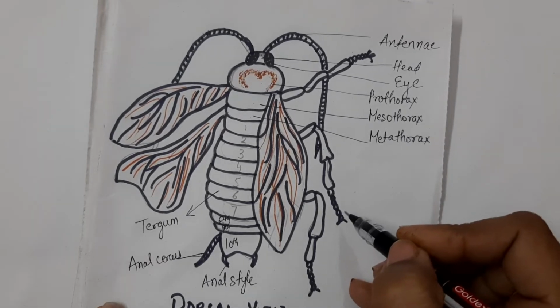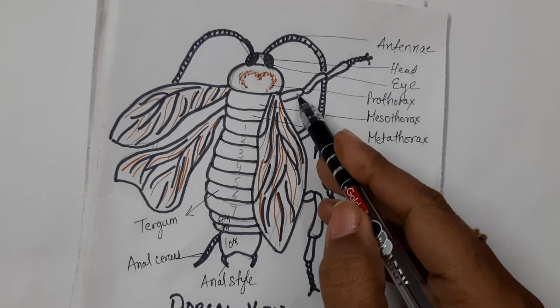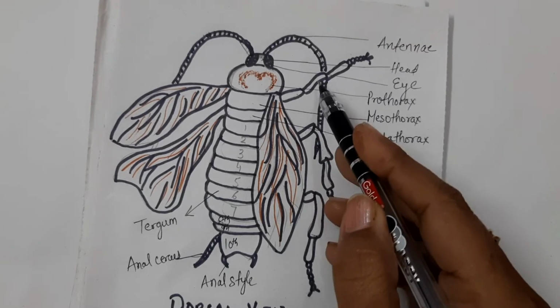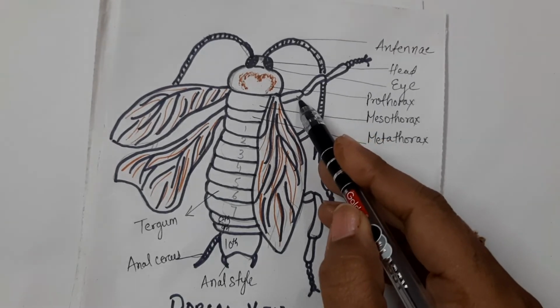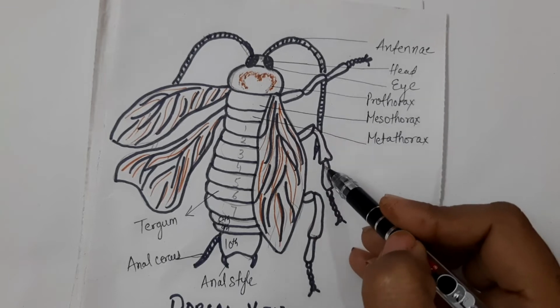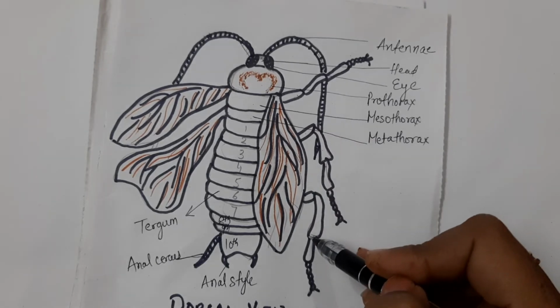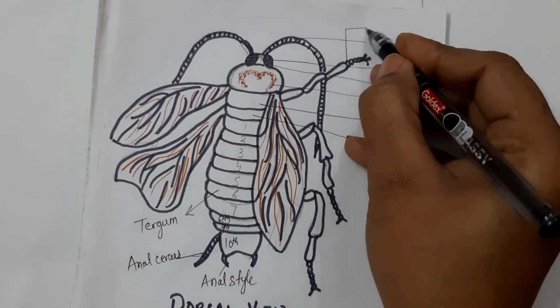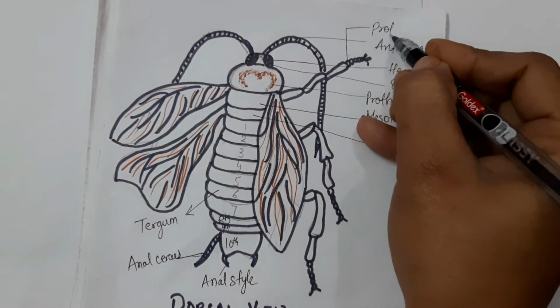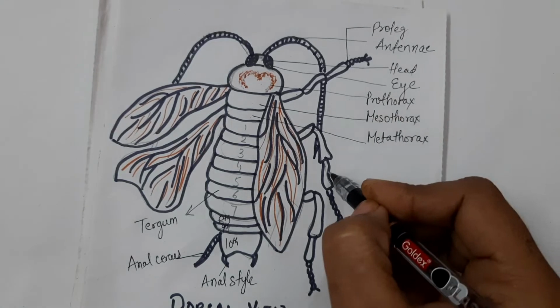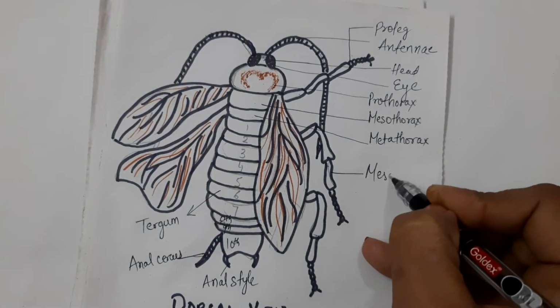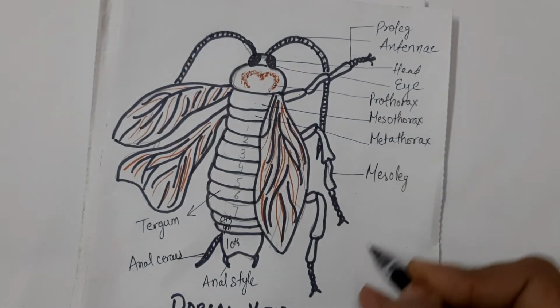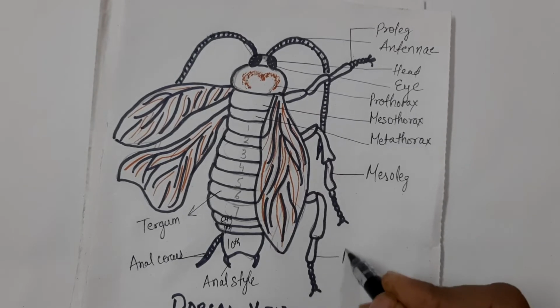Here are the leg appendages. The first one, above, is the pro leg, then the middle one is the meso leg, and the lower one is the meta leg. So I can write here: pro leg, this one is the meso leg, and this one meta leg.